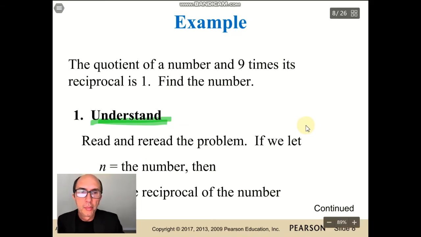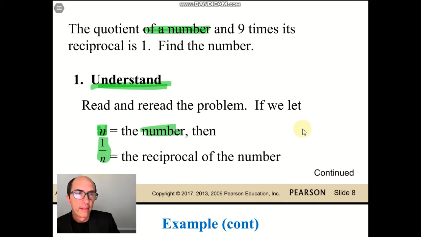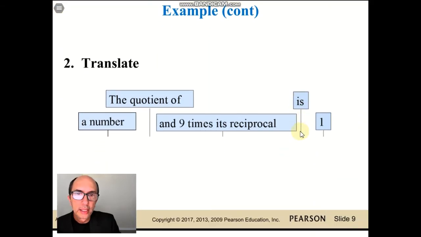Let's call the number, the variable n is going to be the number. Okay? And if n is the number that the problem mentions, the reciprocal of the number is 1 over n, right? And this is the phrase that we're going to translate into math.